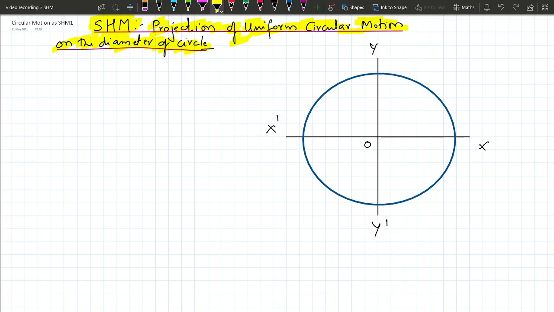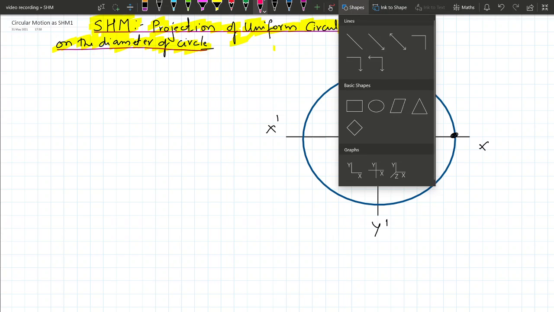I have a mass which is executing a uniform circular motion. When this particle moves in a uniform circular motion, it has a projection on the diameter Y dash.